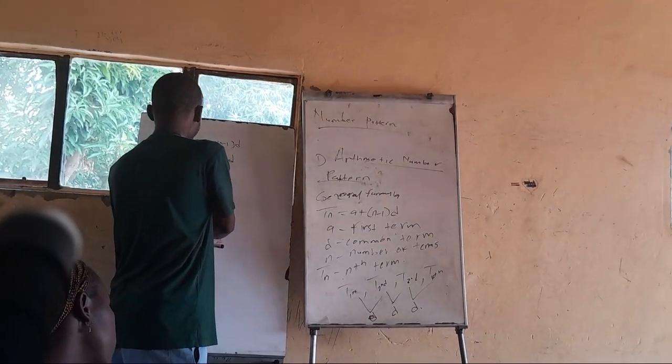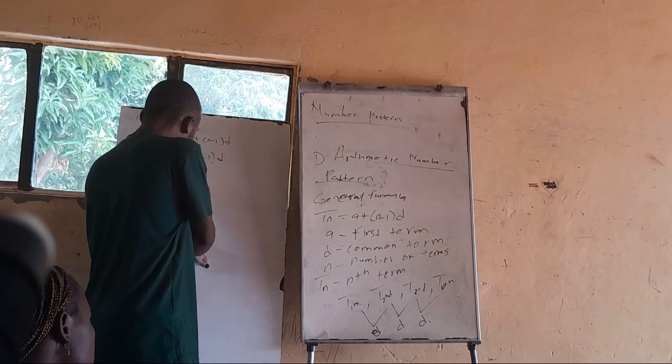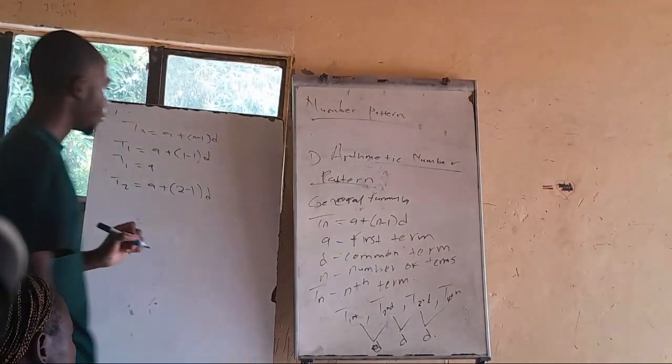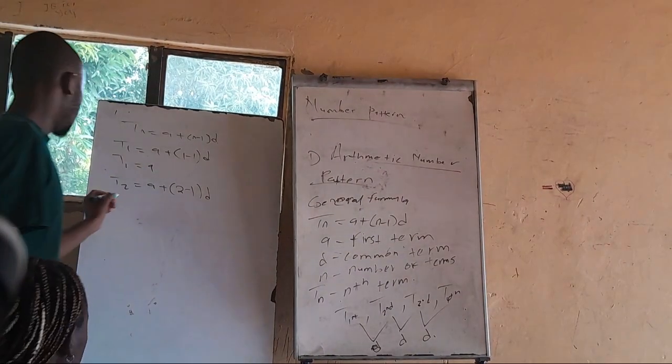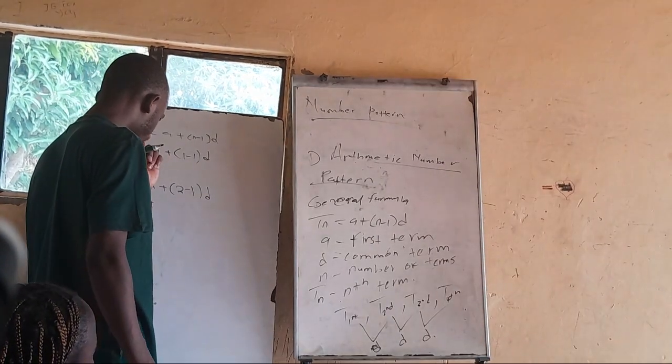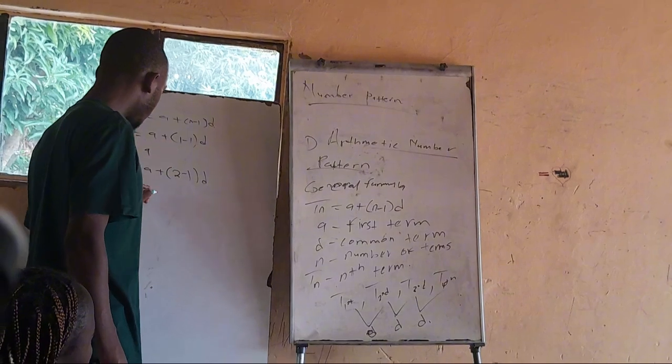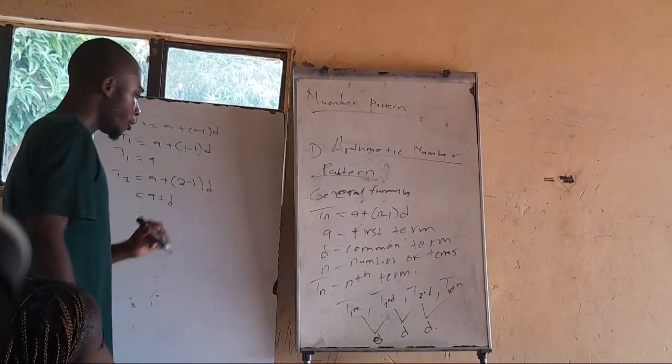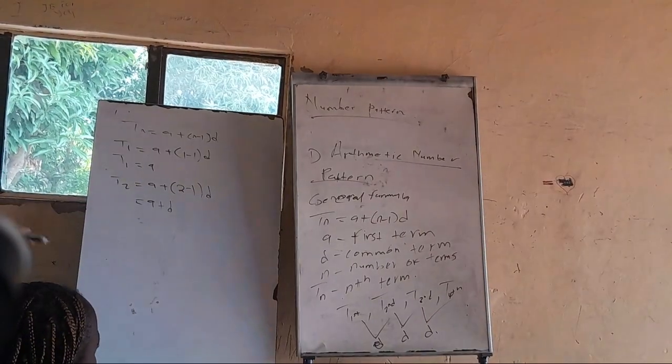T2 is a plus 2 minus 1 into d. 2 minus 1 is 1, multiplied by d is d. This is your second term, right?